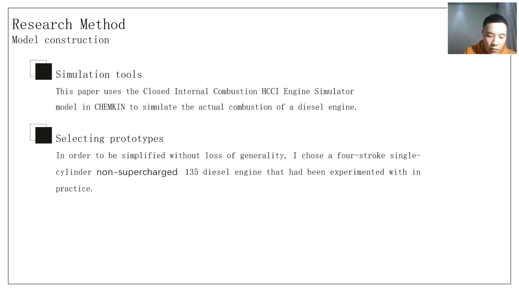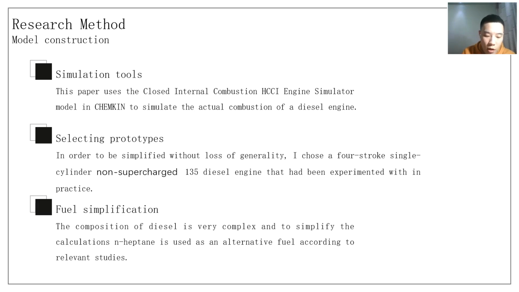The relevant parameters of the prototype are described in detail in this paper. To simplify the calculation, we need to simplify the fuel for diesel engines. It's well known that the composition of diesel fuel is very complex, and to simplify the calculations, N-heptane is used as an alternative fuel according to relevant studies.